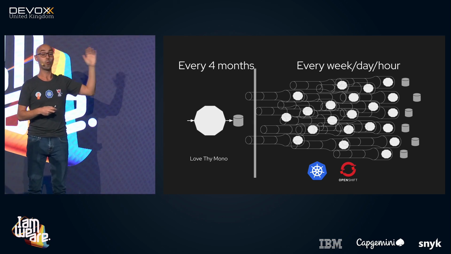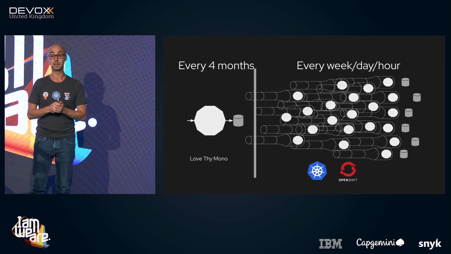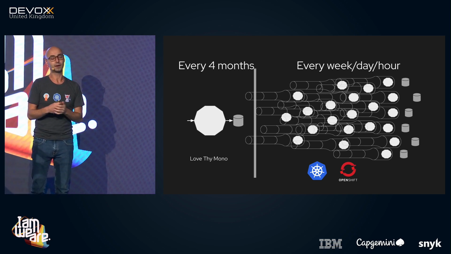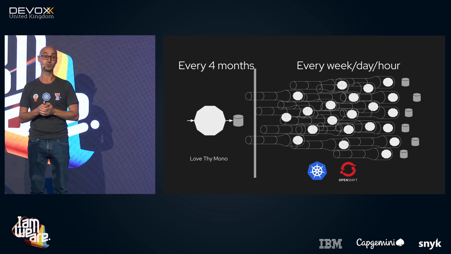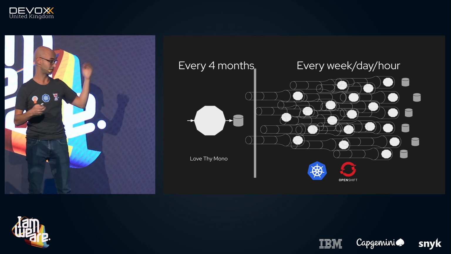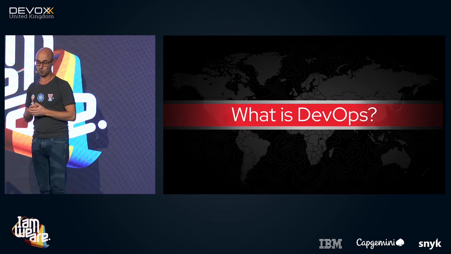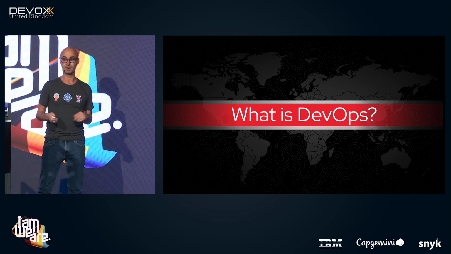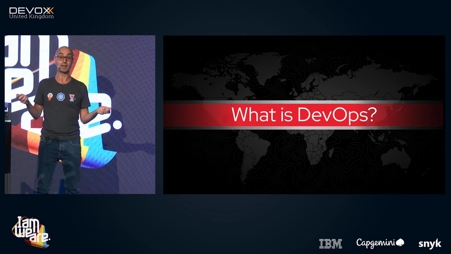So we need to find ways to deploy to production in an easy way. And currently, the de facto platform for deploying microservices to production is Kubernetes. So before we start with continuous integration and continuous delivery, let me explain what DevOps is.